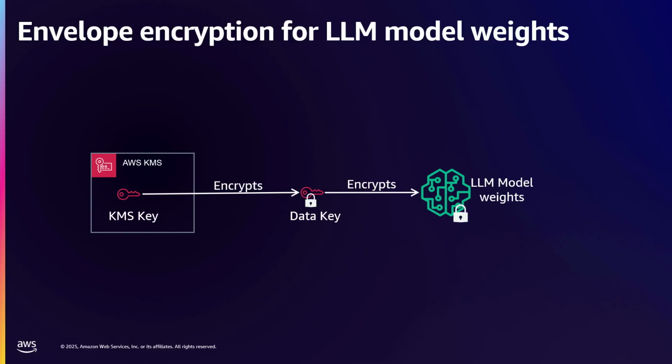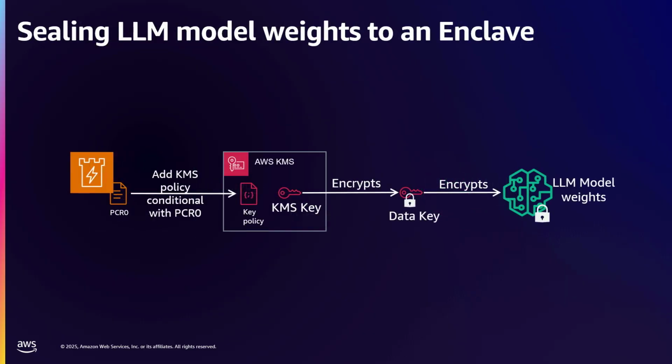So they'll take the encrypted data key and the model weights, and then put them in an S3 bucket, right? And then they can attach a policy to that S3 bucket saying that only a trusted execution environment can decrypt it, right?